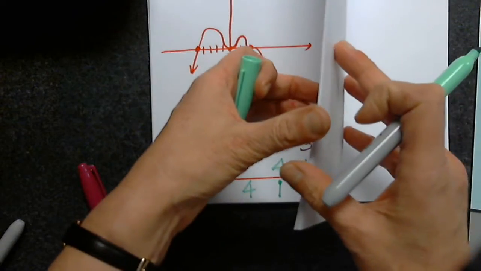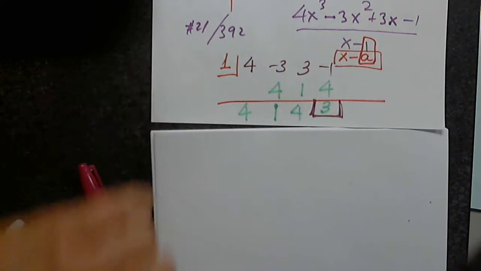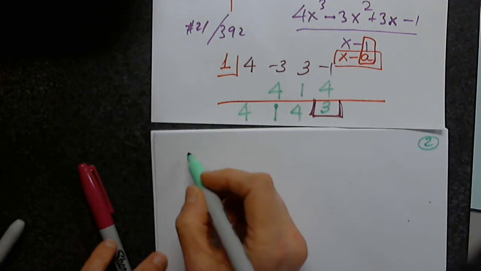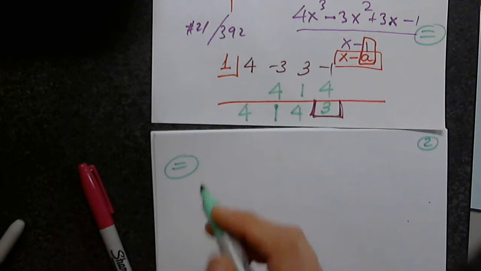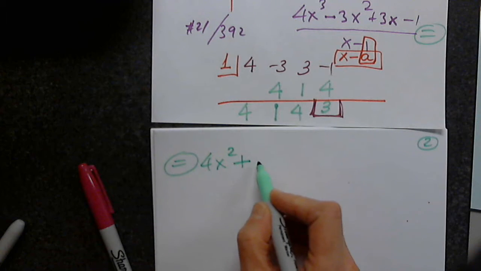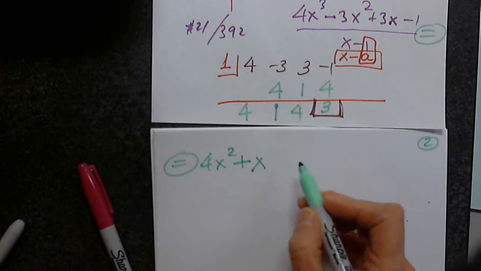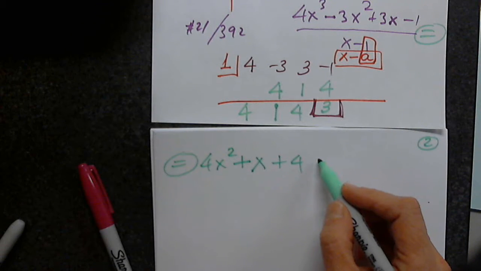And remember, I can always check the answer. I don't need anyone to tell me whether I made a mistake or not. So the answer would be 4x squared. Good. I need a symbol.